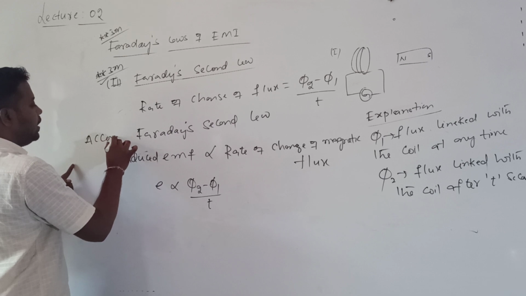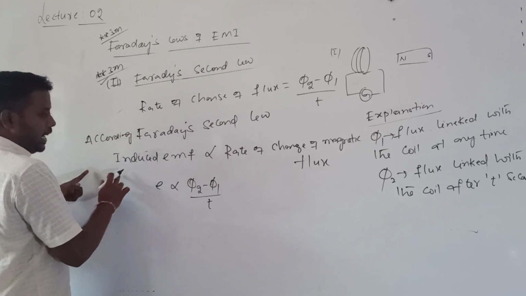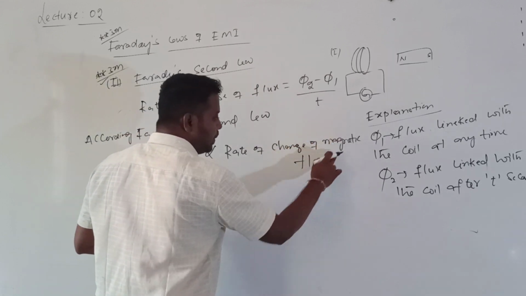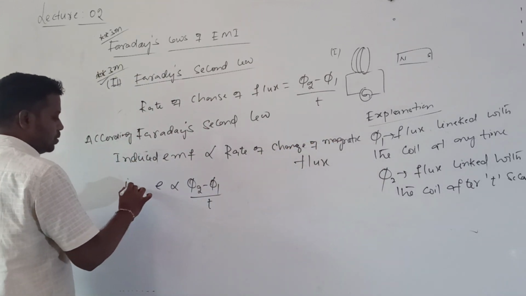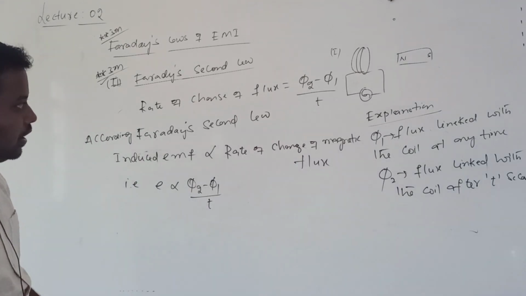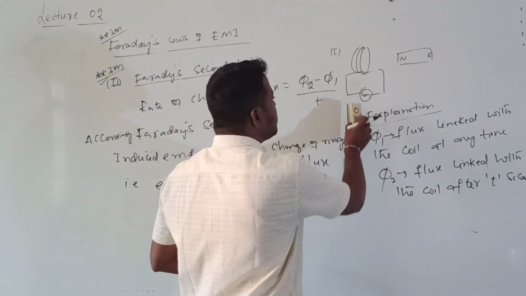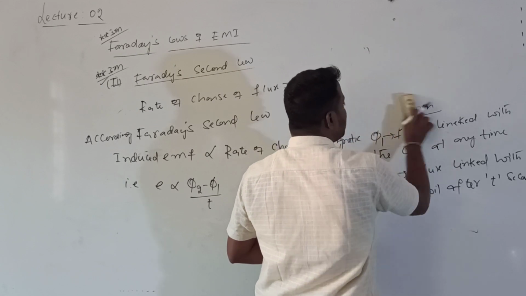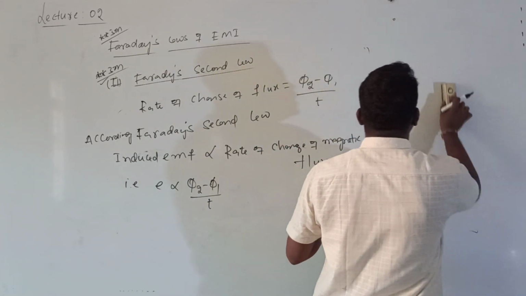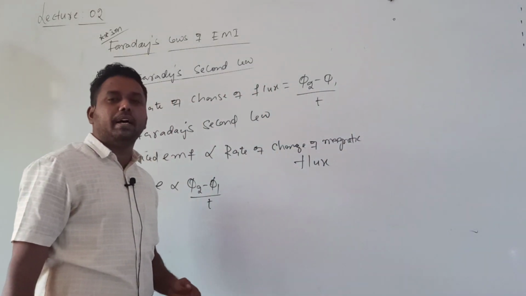So what is the statement of Faraday's second law? Induced EMF is directly proportional to the rate of change of magnetic flux, that is, E is directly proportional to phi 2 minus phi 1 divided by t. So to calculate the induced EMF, what do I want to measure? We need to measure the rate of change of magnetic flux.